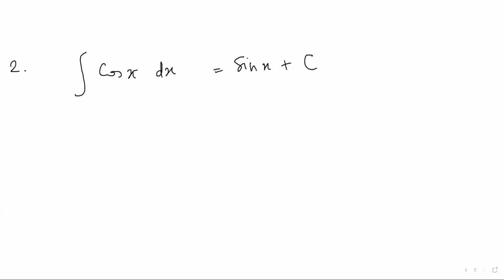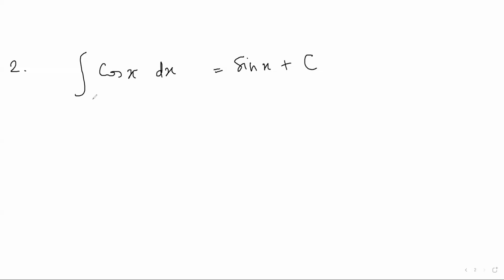Like in this case, we are integrating cos x with respect to x, so we find the function that we differentiate to get cos x. And since it's an indefinite integral, we add a plus c to show that this is a general solution.